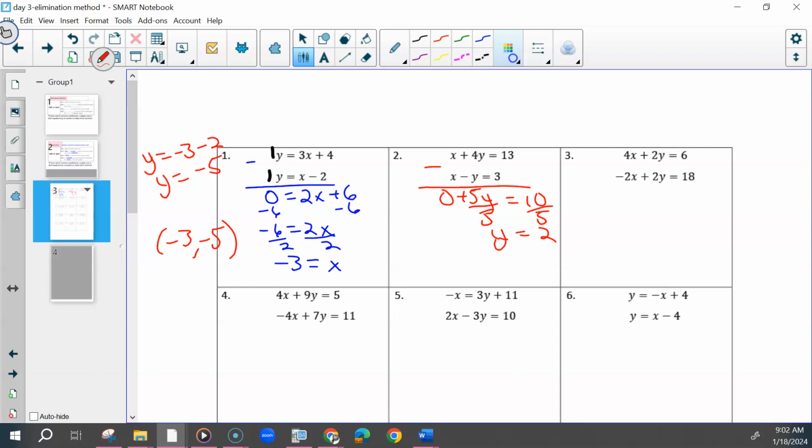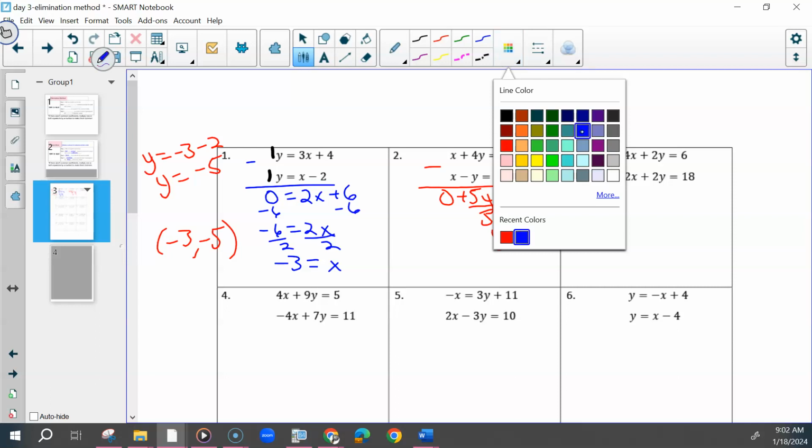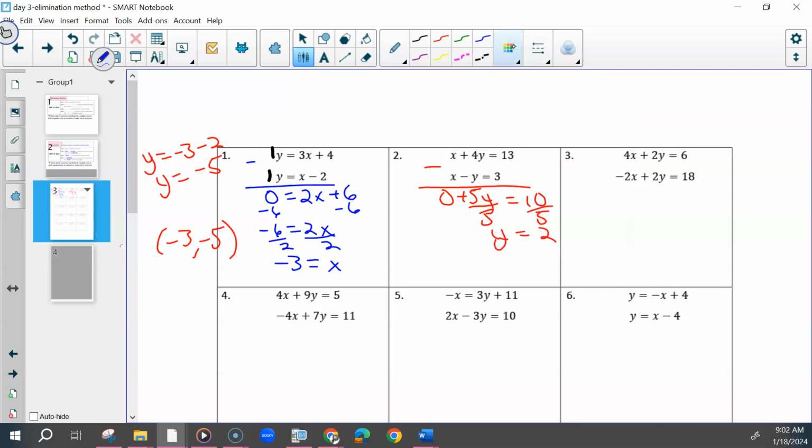Solve for x. I'm again going to use the second one just because. So our x value would be 5. And we would write that 5, 2.